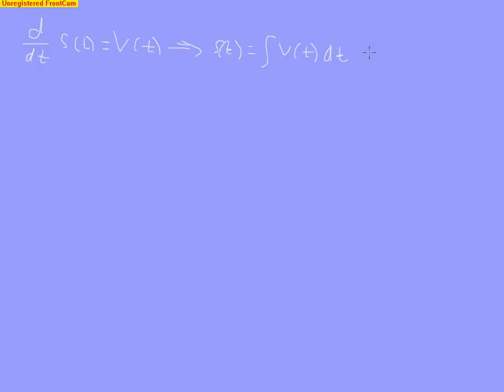And we found earlier that the velocity function is equal to negative 32t plus 96, and we're going to integrate that with respect to time again.